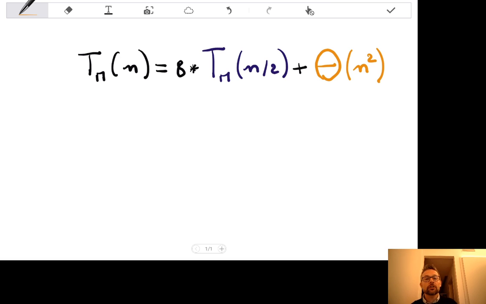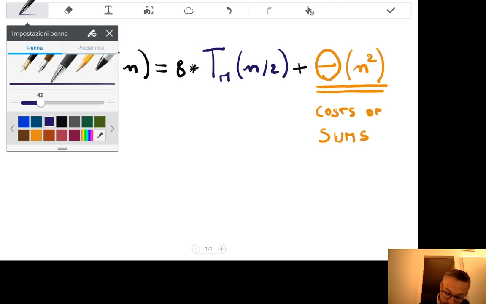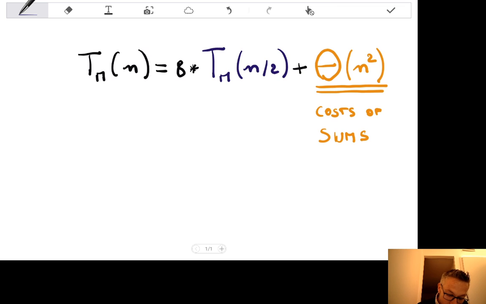Why did I change color in writing this equation? Because I want to stress the fact that this is due to the sum. So this is the cost of the sum, while this is the cost of the recursive call.